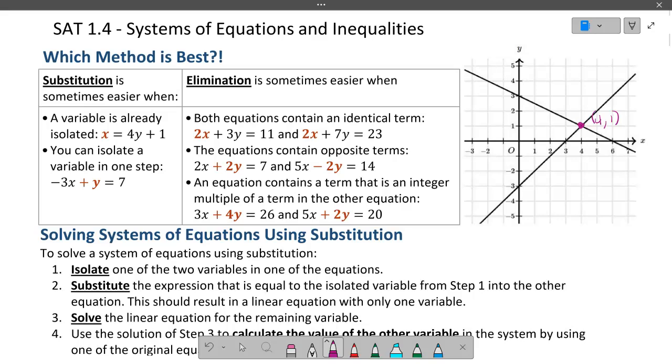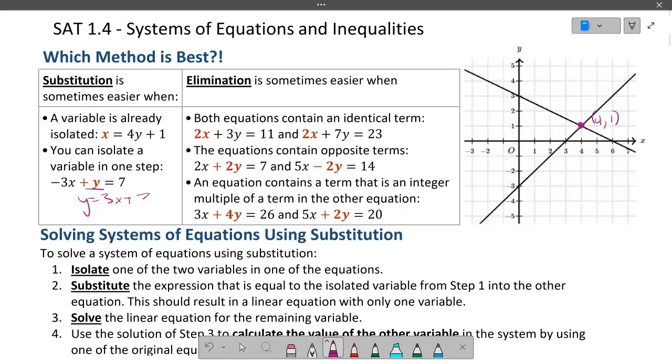This is set up for substitution, ready to go. In our second example, none of our variables are isolated, but I could really quickly get y isolated. What would I have to do? Add 3x, right? If I add 3x, boom, y equals 3x plus 7, and I'm ready to go for substitution. I can go ahead and apply that method, okay?